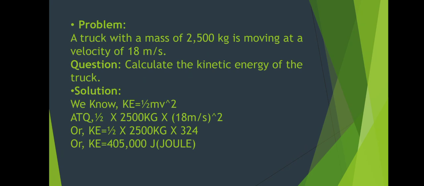Here I have said it before, the 2500 kg is the mass and 18 meter per second is the velocity. Again, kinetic energy equals to half into 2500 kg into 324. Here 324 comes from squaring the velocity, 18 square becomes 324. After multiplying it, the result comes 4,05,000 joule.